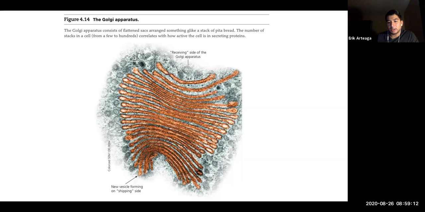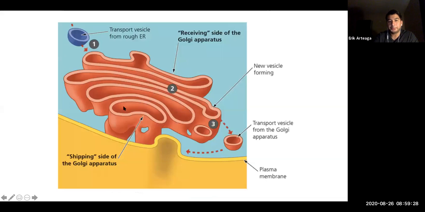This can be something in the upper respiratory tract, where it can secrete various proteins or molecules to protect that upper respiratory tract. It can be in your gut or your stomach, secreting mucus to protect it from the stomach acid. Again, it just depends on the cell type, okay? So here you have the receiving end of the Golgi.